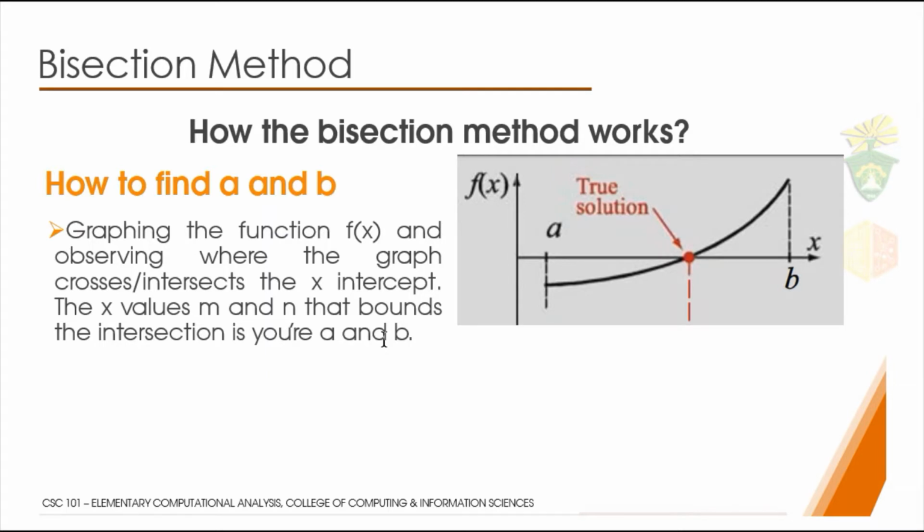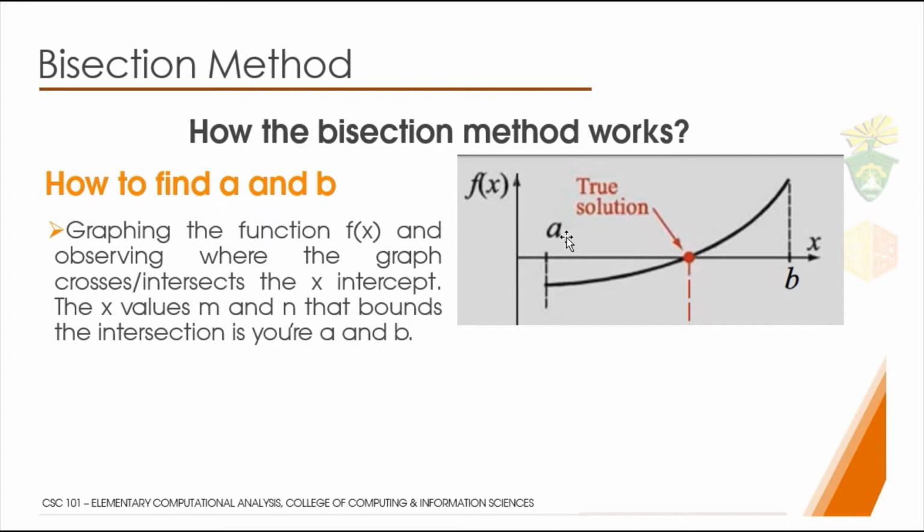Another method is to plot them in a graph. Just like this, we created a graph of f of x. If you have a graphing calculator or any other software that could graph functions, we could easily plot f of x and see the appropriate values for a and b, observing where the graph crosses the x-axis.